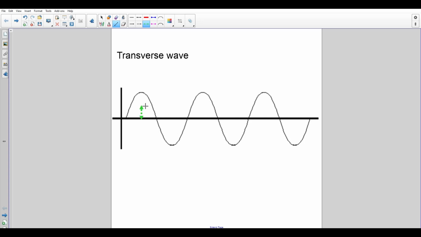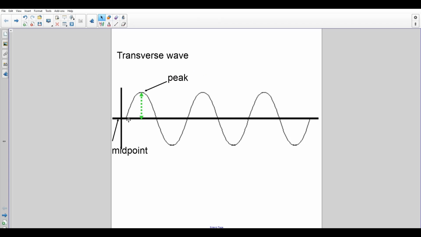So the amplitude could be from there, because this here is the midpoint, and at the top here, that is the peak of the wave, and the bottom we call the trough.